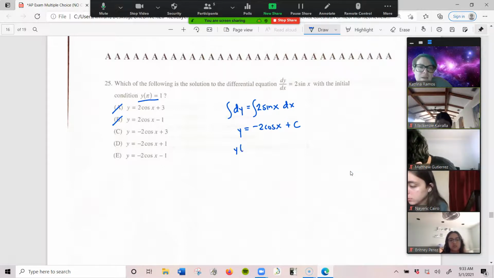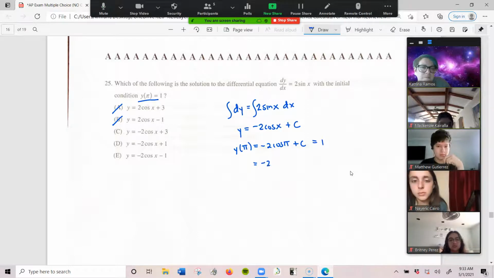So y of pi is equal to 1. So negative 2 cosine pi plus c is equal to 1. You have to know your trig functions. What's the cosine of pi? Negative 1. Good.